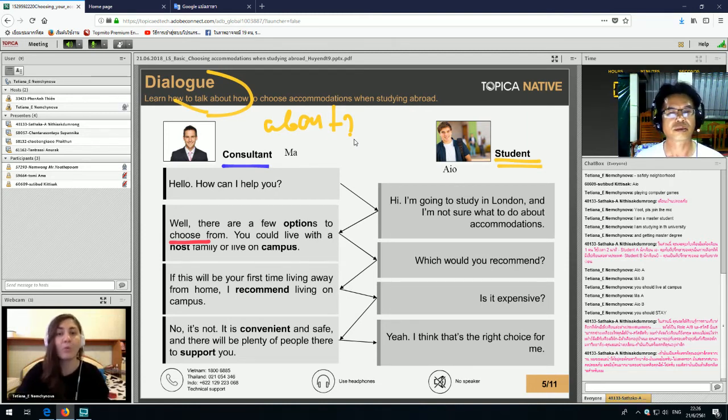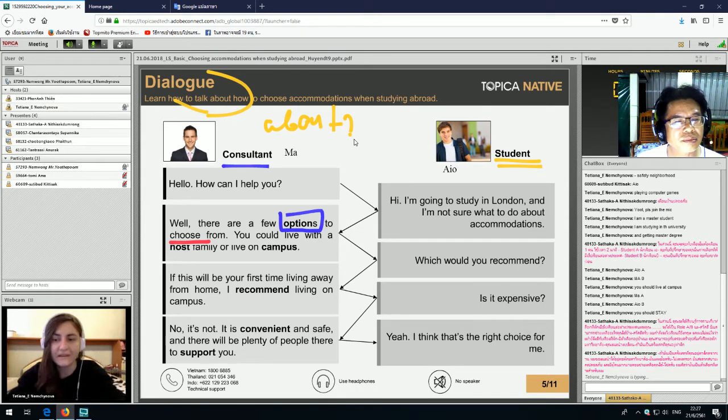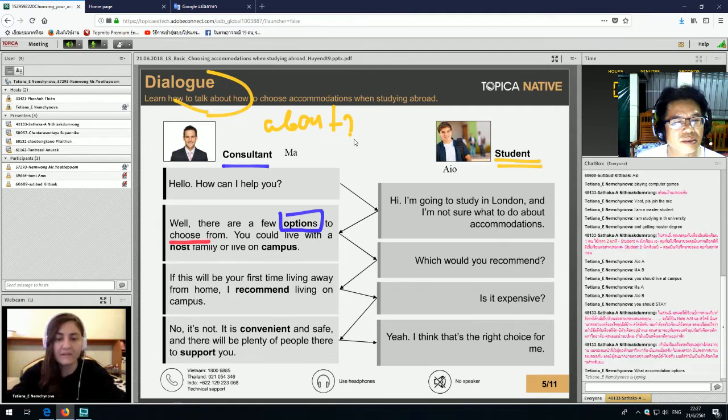And so what options are offered by the consultant? Would you mind repeating it? I don't understand. Sure. So what accommodation options are mentioned by the consultant?